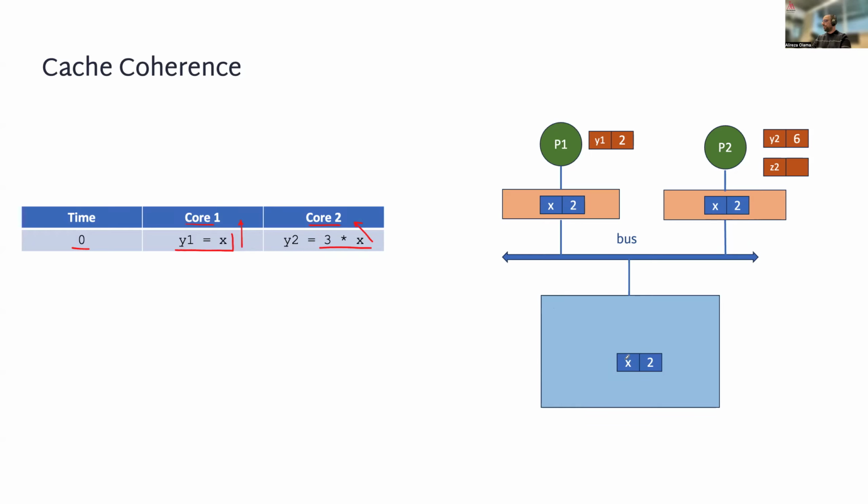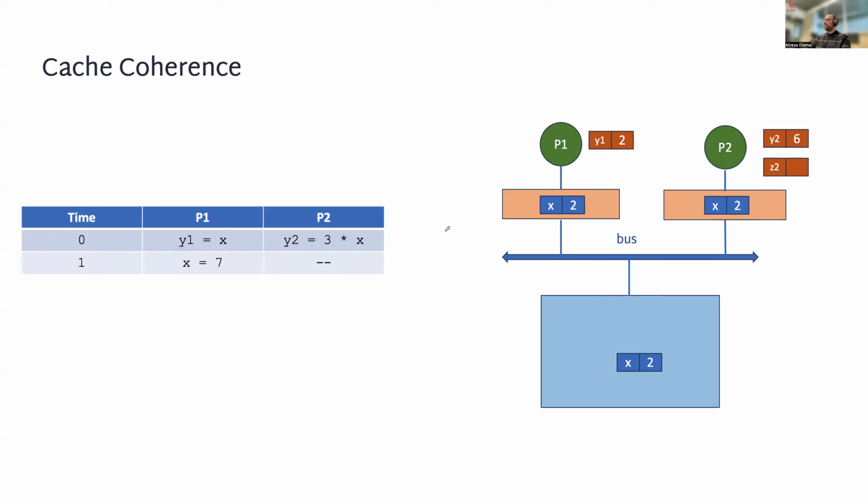We first fetch this data from the memory into the cache of the first processor, and then we do the assignment. So here y1 is 2. It comes from the memory to the cache, and then from the cache to the CPU register. We do the same thing for the second core: we fetch data from the memory to the cache of the second processor, and then we do the assignment. So here y2 is 6.